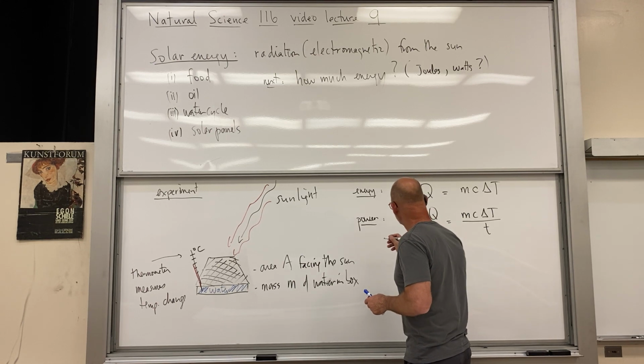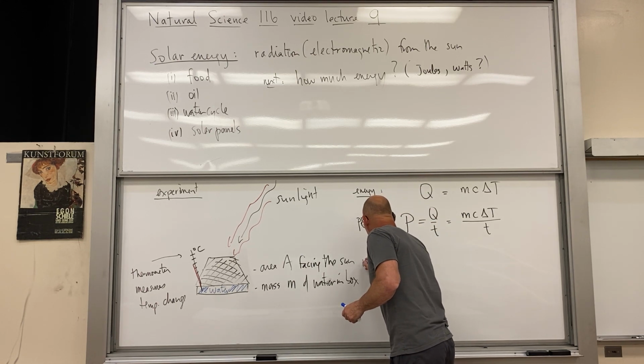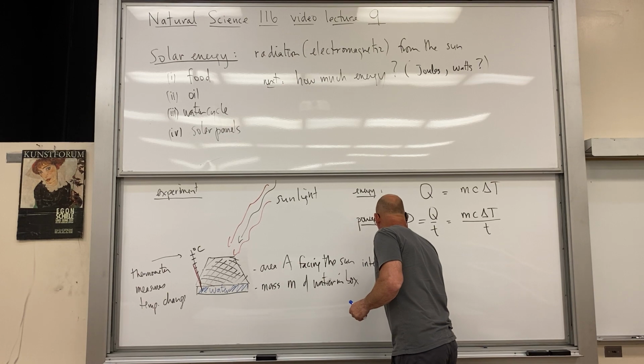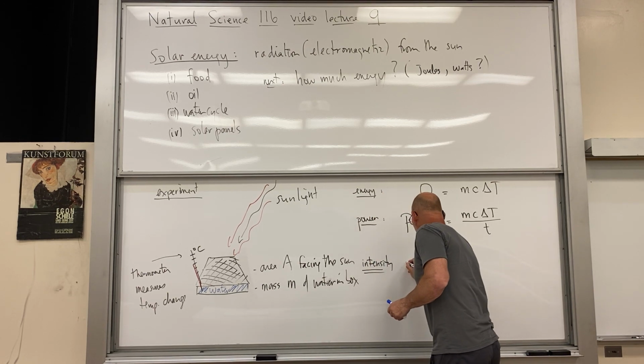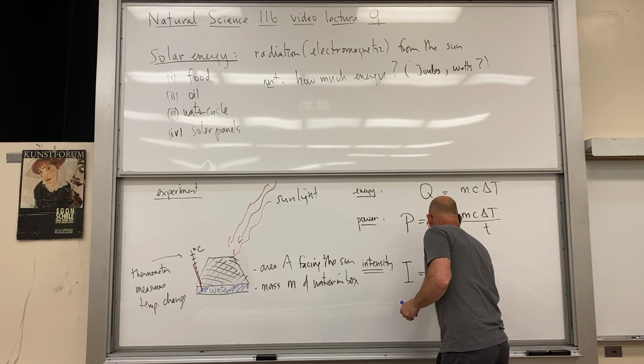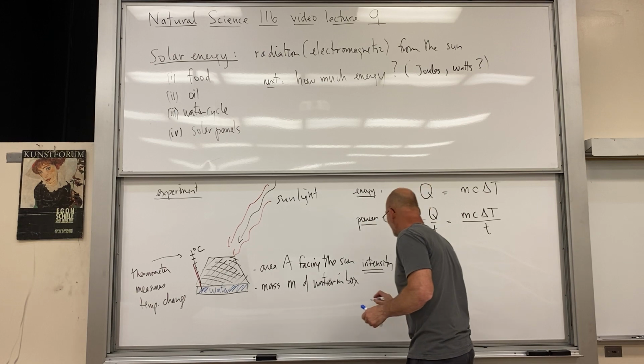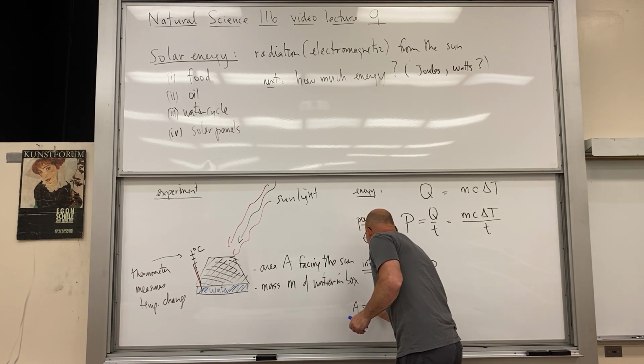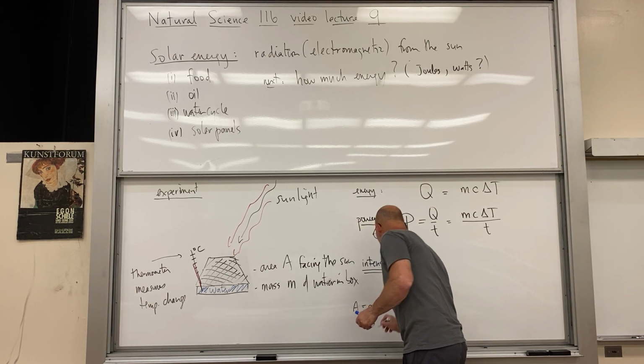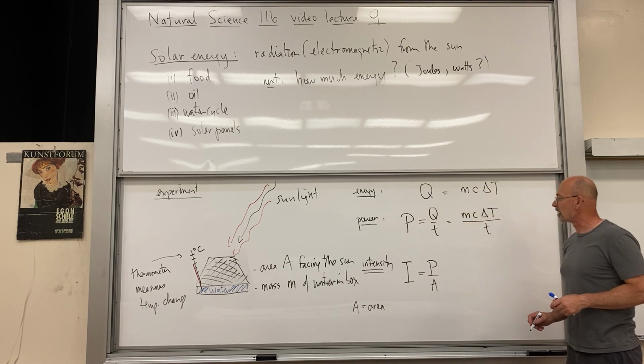The third concept I'm going to write is intensity. This is a new one, but intensity, I, is just power per area, where A equals area. Intensity is power per area.